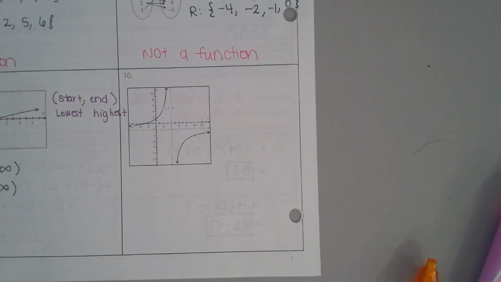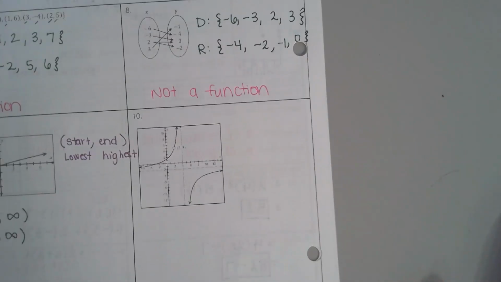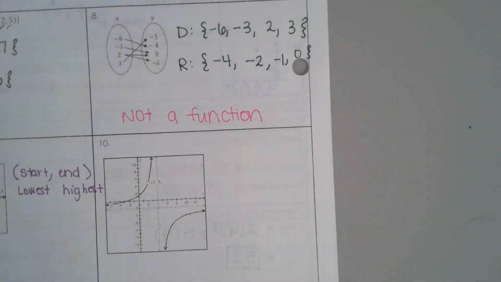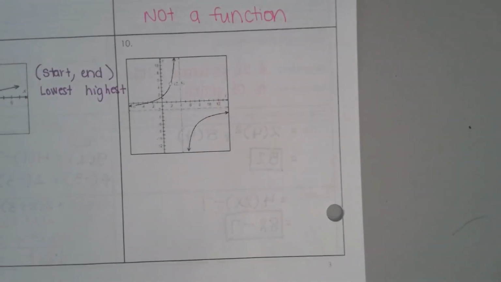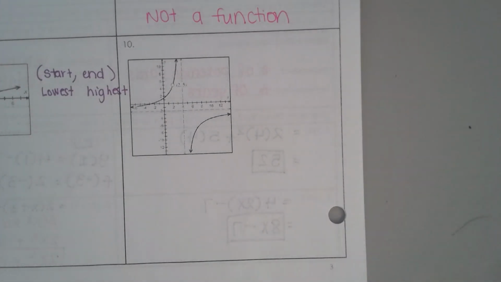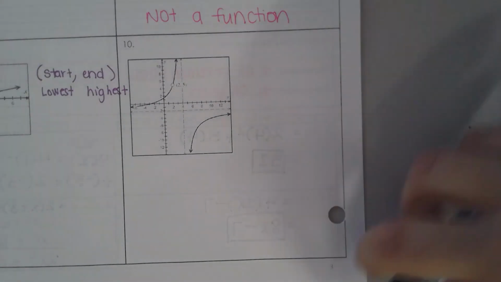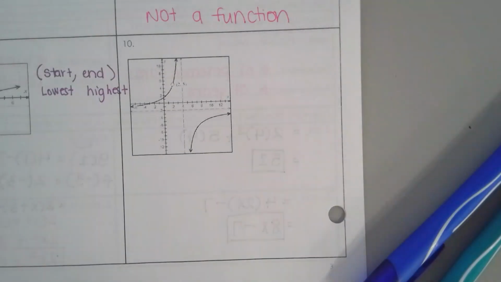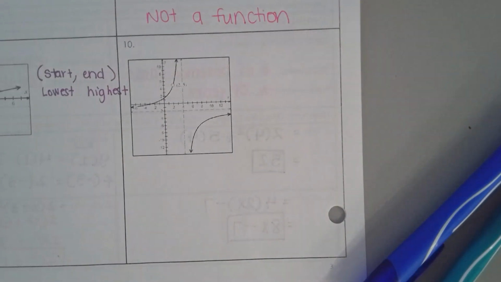Alright, now number 10. This is a pretty complicated one. So we're going to need to make some notes on this page right here. First of all, do you see a hole anywhere?